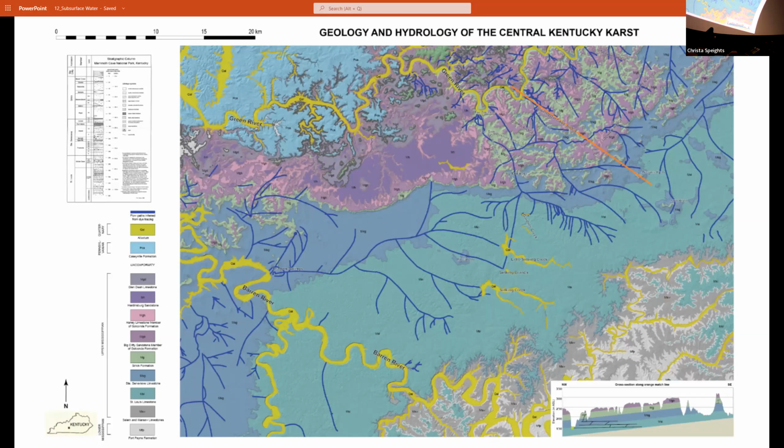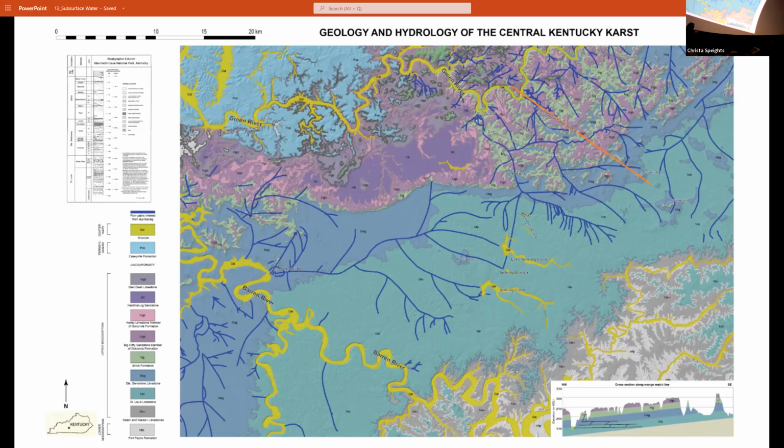I-65 goes right across this sinkhole plain. And so you can imagine, and there have been, wrecks of large trucks carrying all kinds of toxic things, and that material from the interstate can go straight into sinkholes. These dark blue lines represent trace flow paths of water.